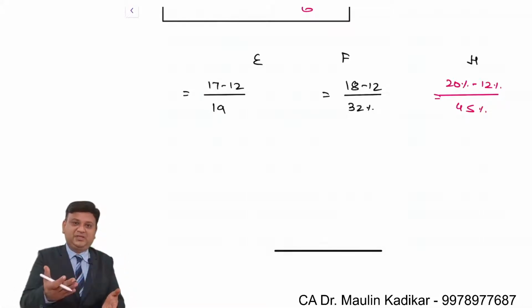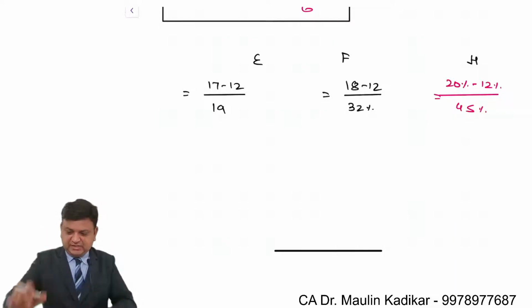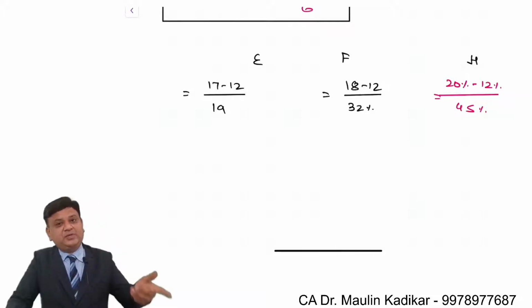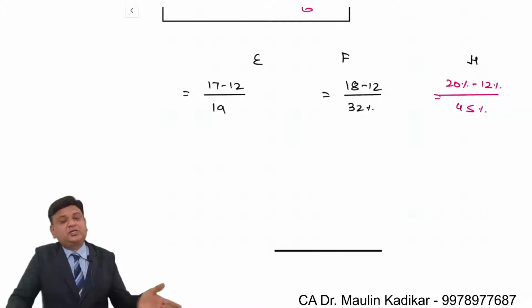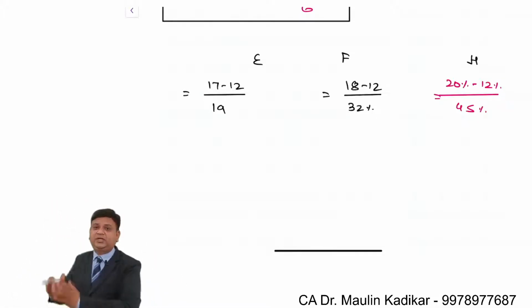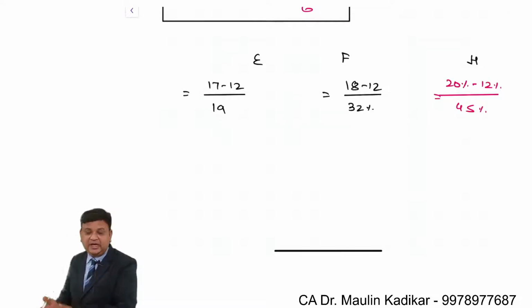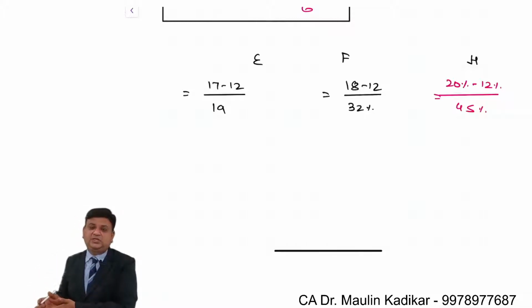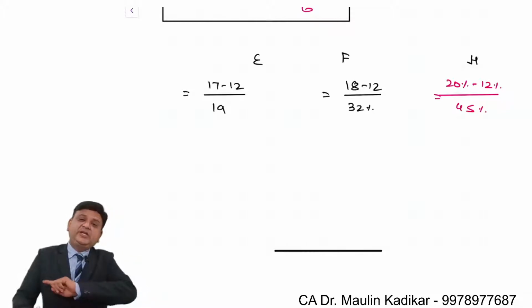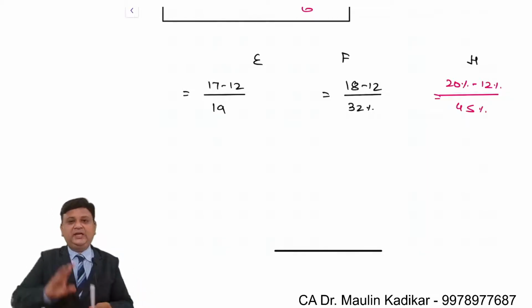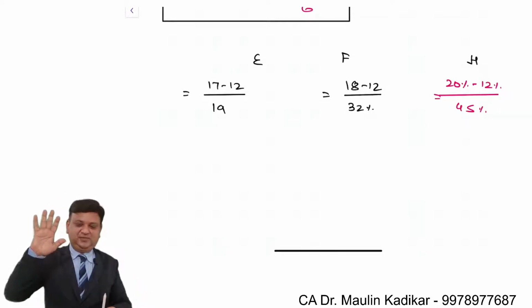Now, what is the standard deviation that you take in the respective portfolio that you are required to consider? So the logic is you get 5% of additional return for taking the additional risk of 19%. Why additional risk of 19%? Because the risk of the risk-free security is 0. Now when you invest in E portfolio in comparison to risk-free security, you take additional risk of 19% and that gives you additional return of 5%.